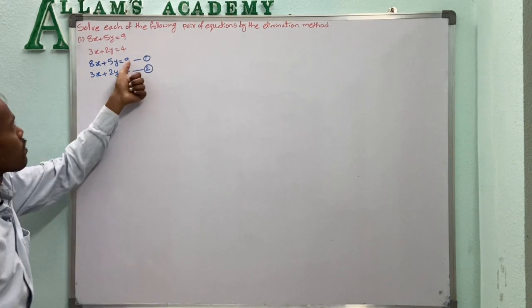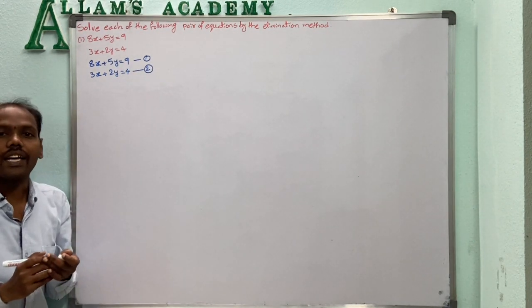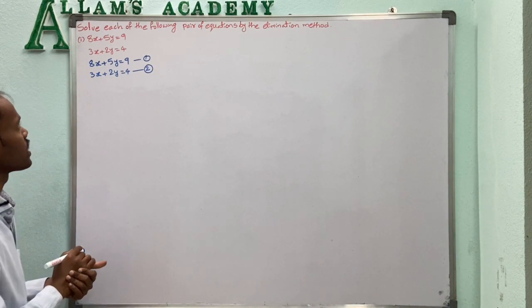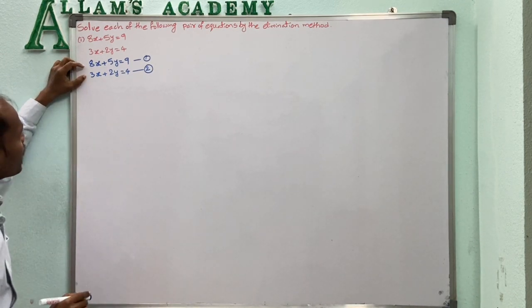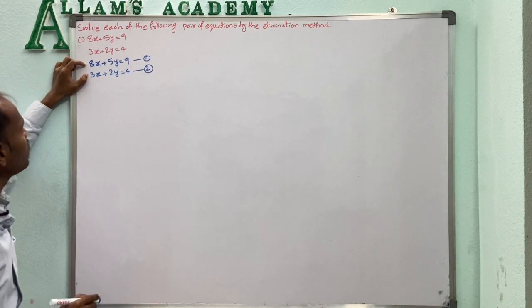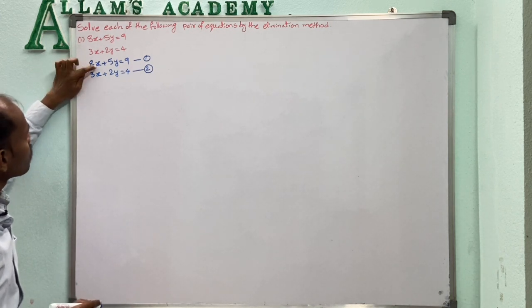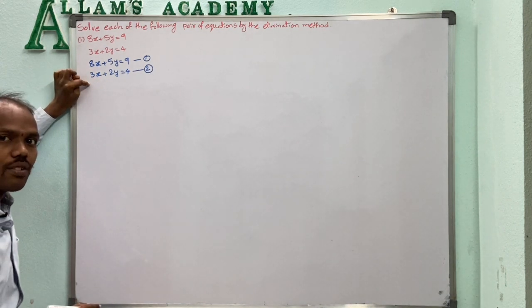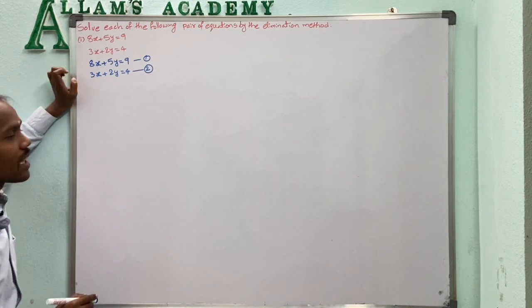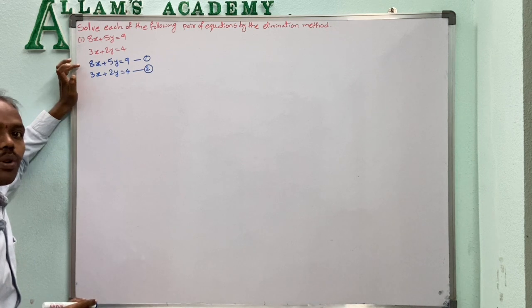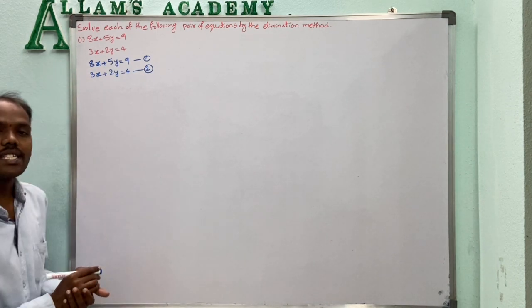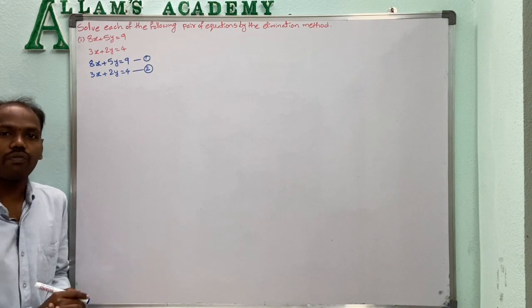Now in both equations either we equalize x coefficient, otherwise y coefficient. So here if I equalize x coefficients, then x coefficient is here 8 in the first equation, and in the second equation 3. Now we have to take the LCM of both the coefficients. So 8 and 3 LCM is 24.